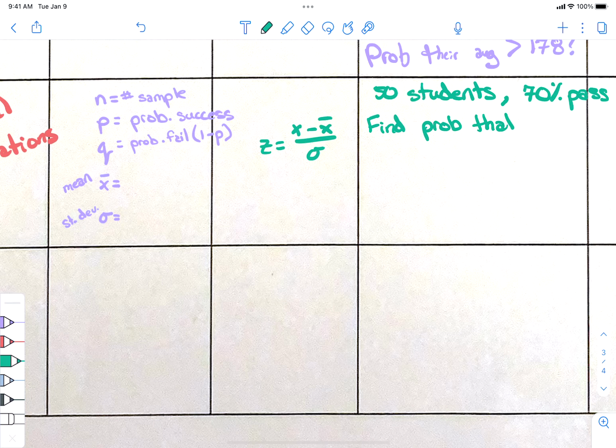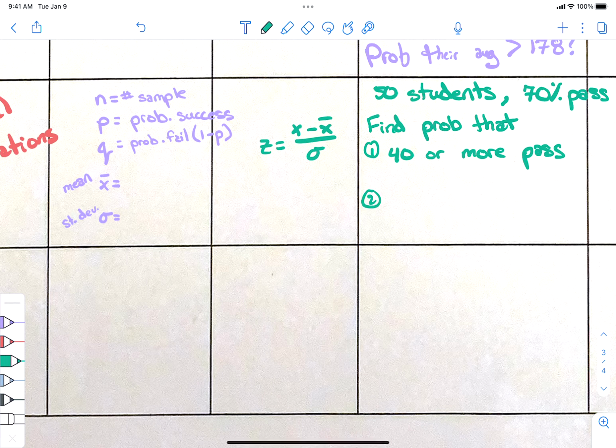that, can we do 2 of them just to get the right idea? Okay. Find the probability that, I'm going to say 40 or more pass. This is number 1: 40 or more pass.